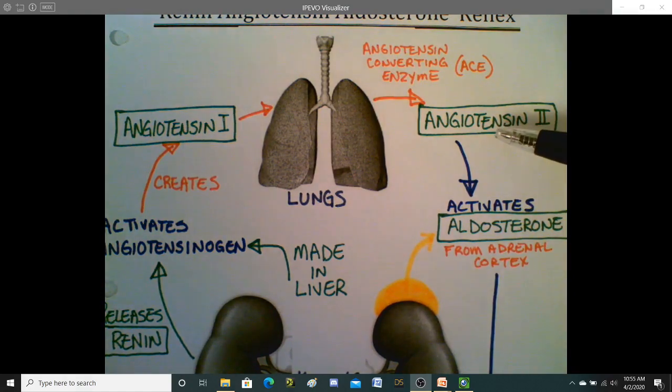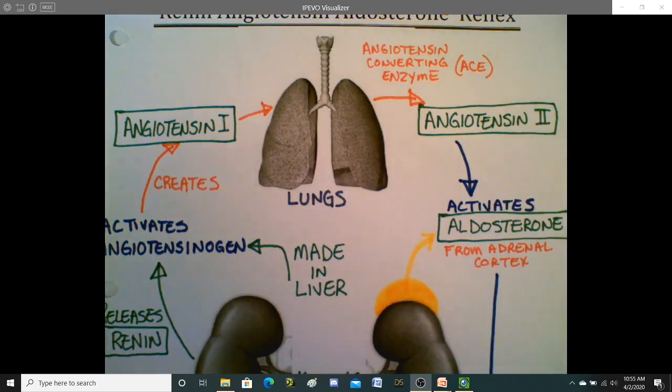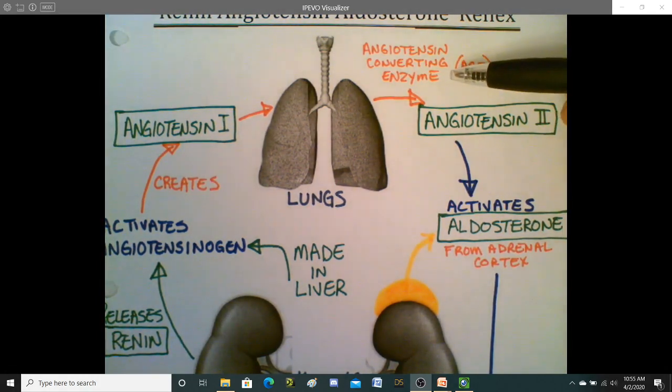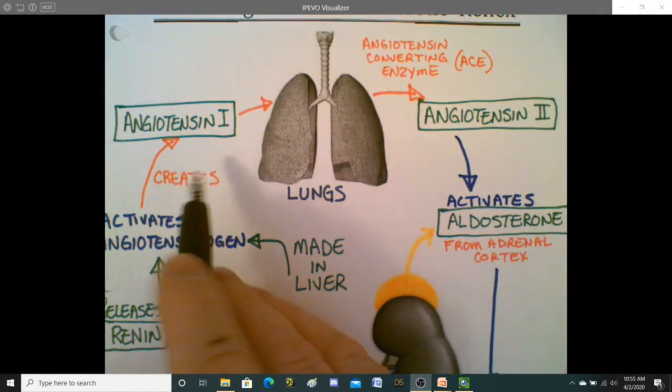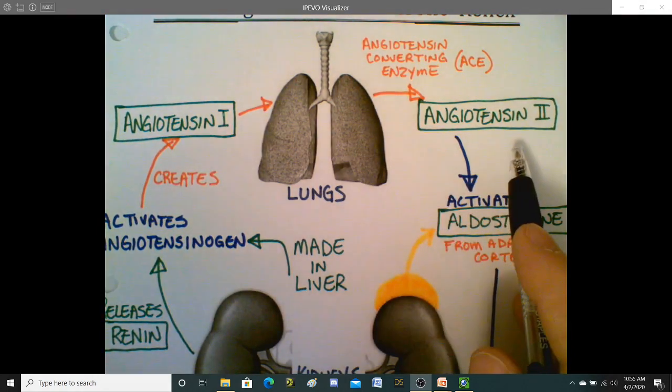Now, this is happening in the bloodstream. It's not happening in the lungs. My picture kind of gives you the impression that this is going on in the lungs. It's not. It's just that this angiotensin converting enzyme is made in the lungs. Then it's dumped into the bloodstream. And what it does is it converts angiotensin 1 into angiotensin 2.